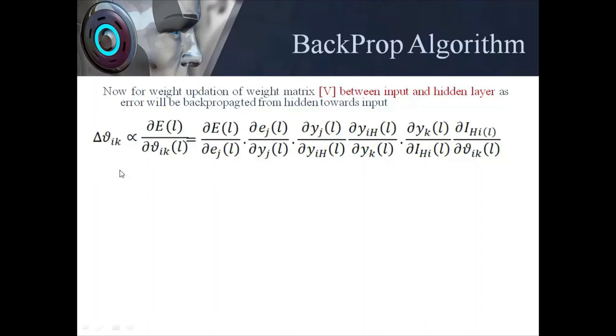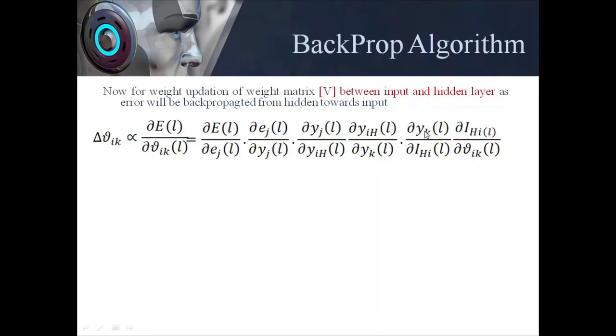So be very clear here. I stands for the unit from the input layer, K stands for the unit from the hidden layer, and J in this equation denotes the unit in the output layer.